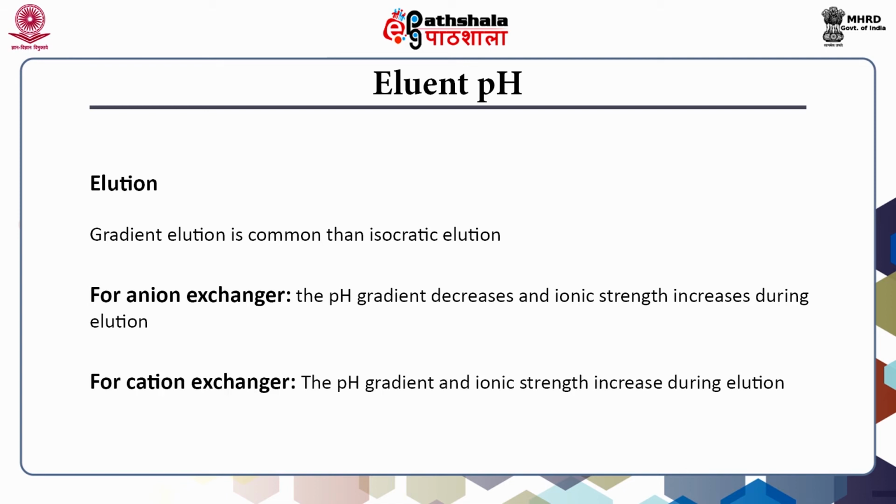In case of a cationic exchanger, the pH gradient and ionic strength both have to be increased. What happens here is, when the pH is increased, the cationic form of proteins will be decreased.